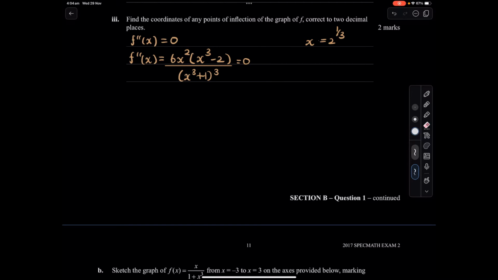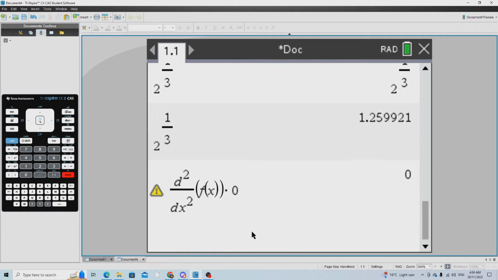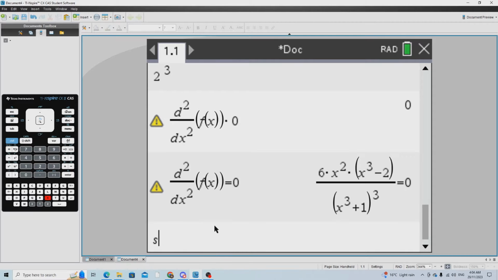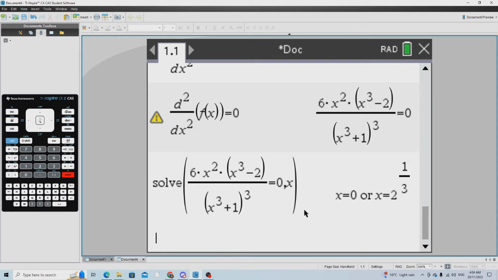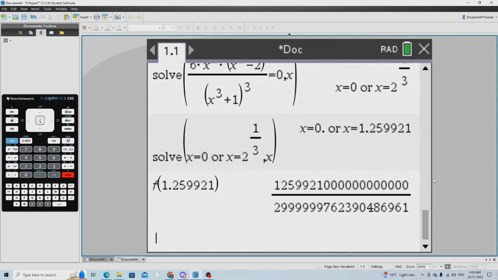And let's use our calculator to find the exact. So if we go to, what did we get? So, the double derivative of f of x equals 0, and we solve answer, comma, x. We get these two. Okay, what's f of this one over here?